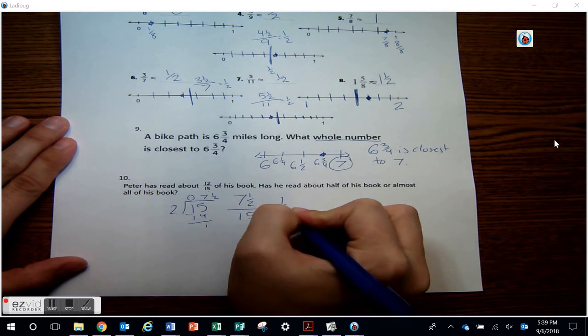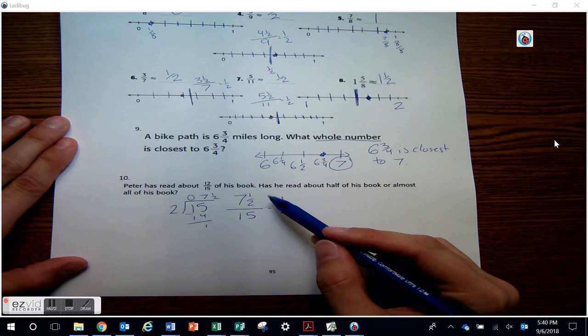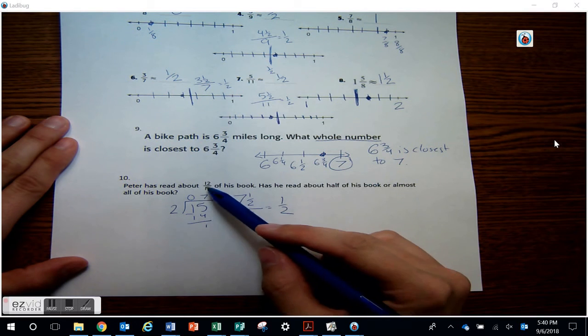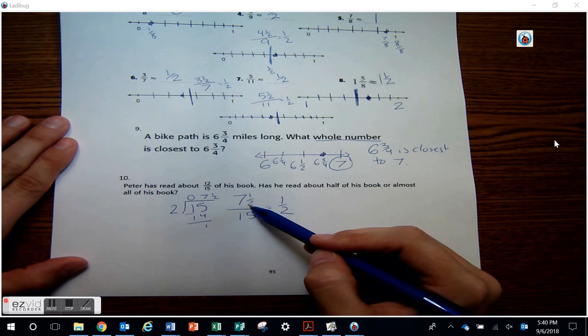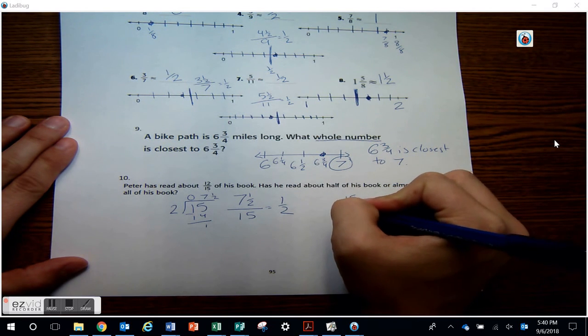Peter has read about 12/15 of his book. It says about, right? He has read about half of his book, or almost all of his book. So which is it? Has he read about half, or has he read almost all of it? Well, half of 15.